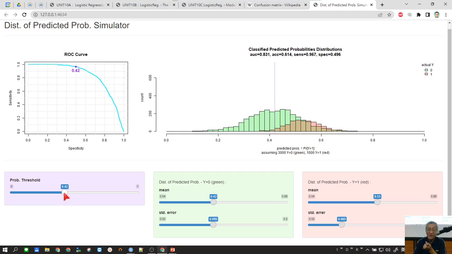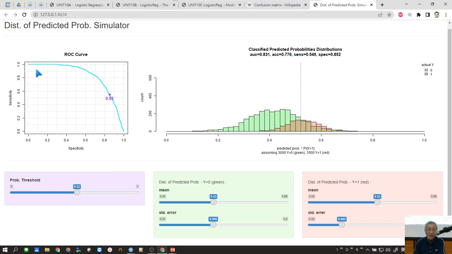Right? And in this plane, in the space of sensitivity and specificity, when I move the threshold from 0 to 1, I will have a curve. Okay? And that curve is called the ROC curve.